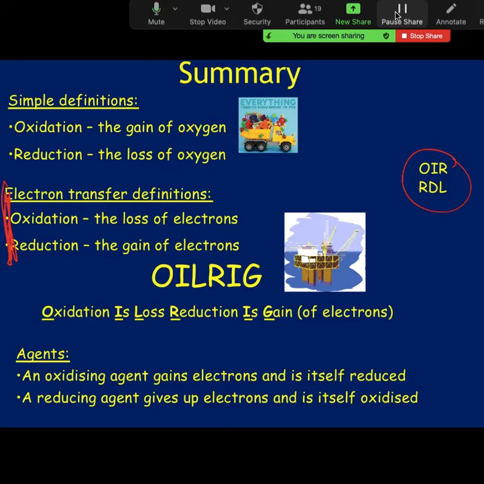Define oxidation in terms of electrons. So you tell them it's loss, and they'll ask you to define oxidation in terms of change in oxidation number. So you need to know oxidation is an increase in number, reduction is a decrease in oxidation number, and which is an oxidizing agent and which is a reducing agent.